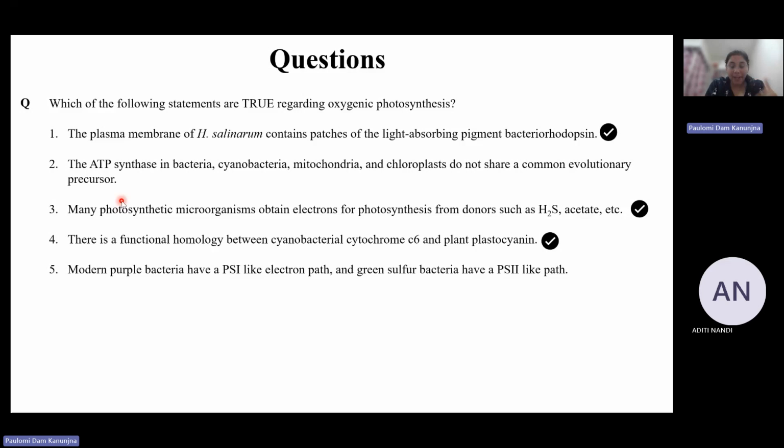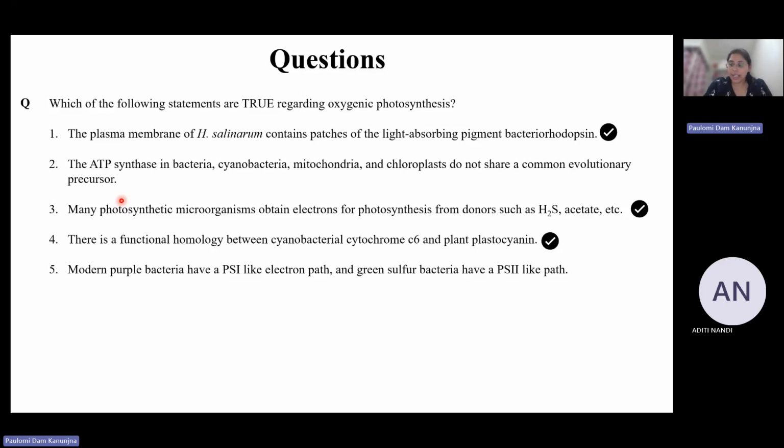Now, bacteria do not evolve oxygen. They don't use water. Instead, they use compounds like H2S or acetate. So when they use such compounds, it is anoxygenic photosynthesis. That's what I was trying to say when I said there will be a difference in the type of electron donors that different organisms are using.